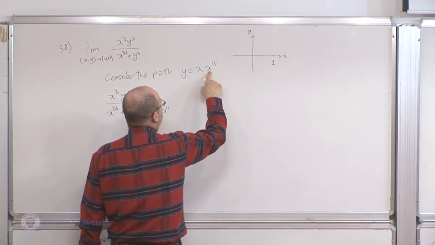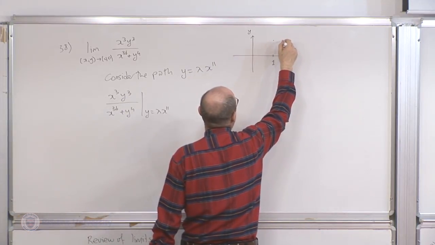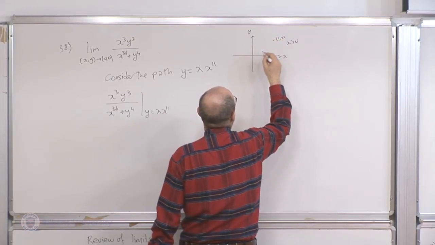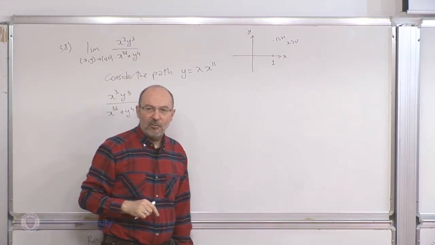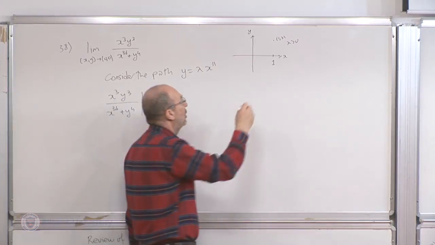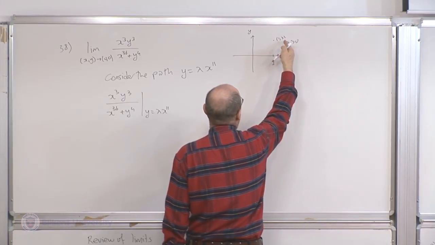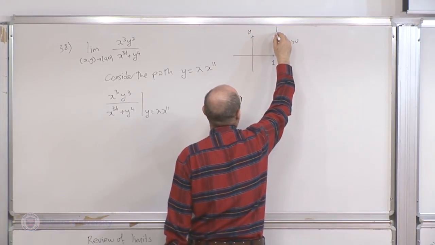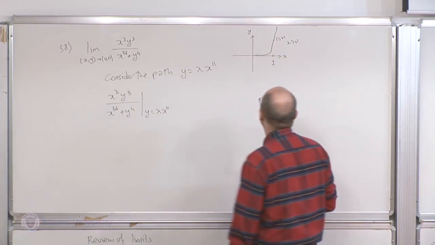At 1, x to the 11 is 1, so you get only lambda. But if you are just to the left of this, you get a number less than 1. You are taking its 11th power, so it's very, very small. And if your x is slightly larger than 1, x to the 11 is very large. So the graph is coming like this and immediately goes like this. Okay, so this is the graph.